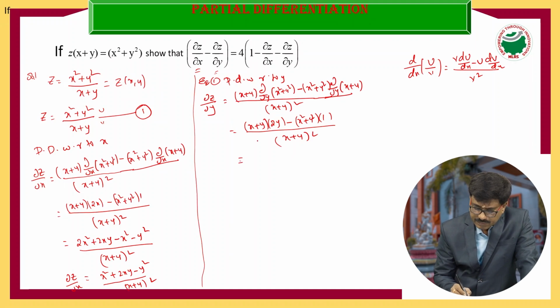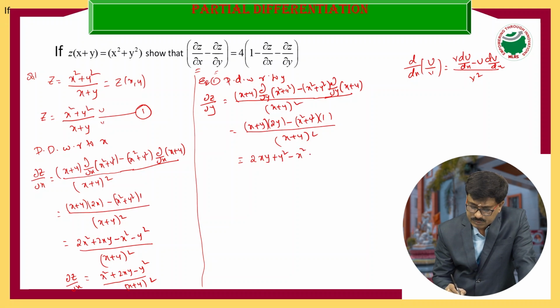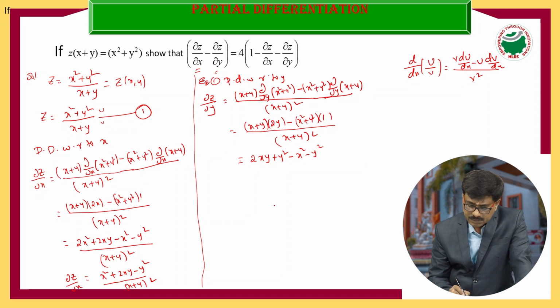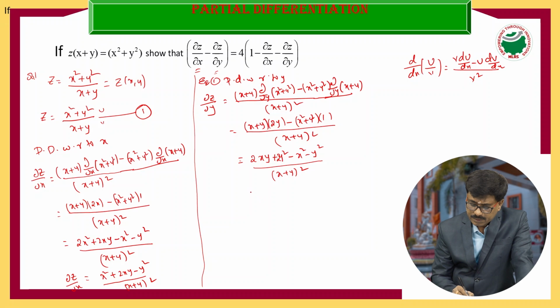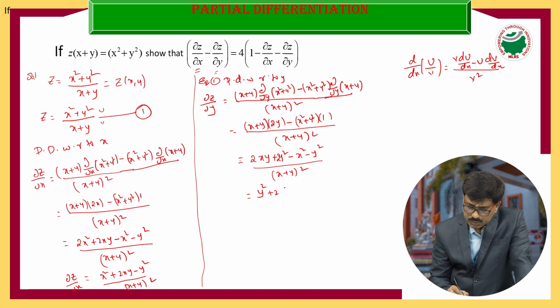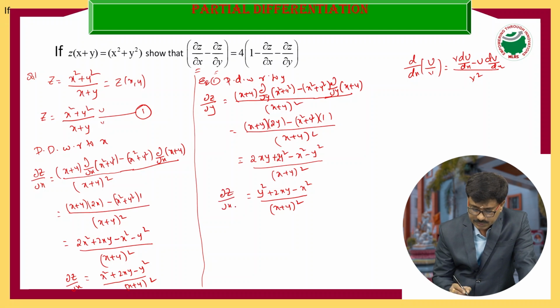This value becomes 2xy plus 2y square minus x square minus y square, which is 2xy plus y square minus x square, divided by (x plus y) whole square. So y square plus 2xy minus x square divided by (x plus y) whole square, which is dou z by dou y.